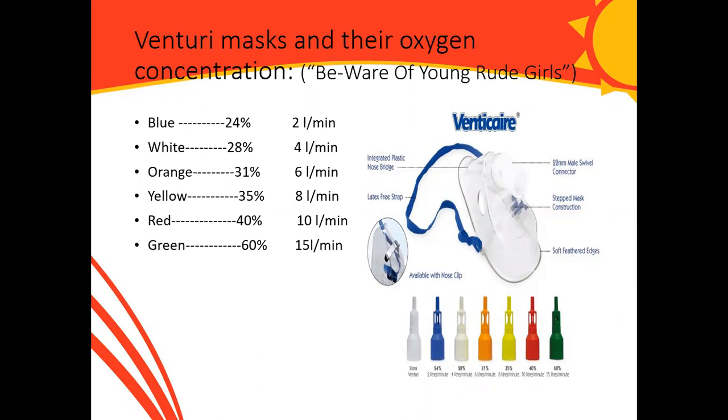By the time you get to the blue cone, you are almost close to atmospheric oxygen concentration, and you can be sure that this patient can be successfully weaned off oxygen. So the color coding helps, and the difference in the flow rate and delivery of fractional inspired oxygen is due to the constrictions that are different in the different cones that are available.